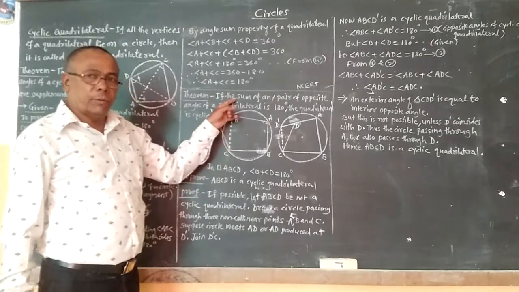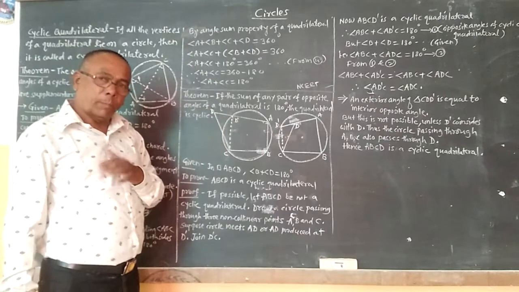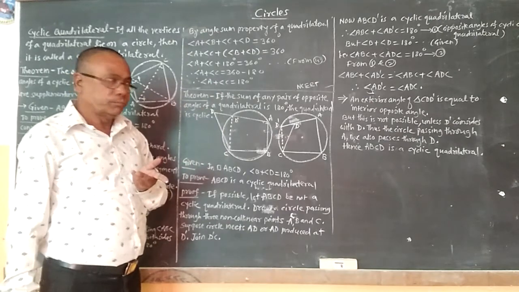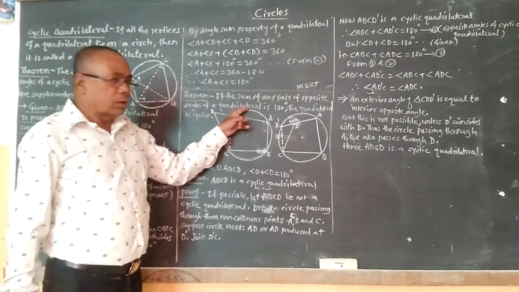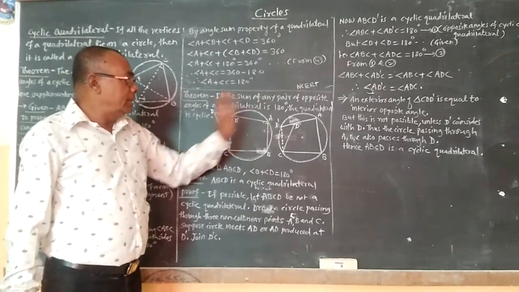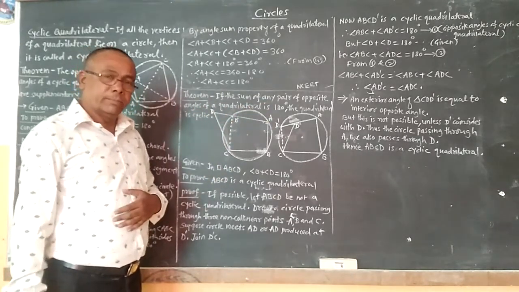Again, if the sum of any pair of opposite angles is supplementary, or 180 degrees, then the quadrilateral is cyclic.